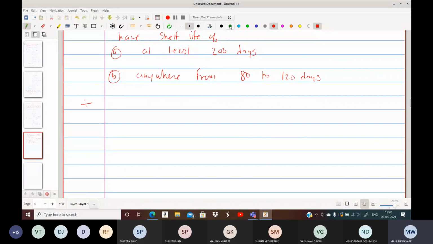I will write f of x equals 20,000 divided by x plus 100 cube when x is greater than 0, and 0 elsewhere. So how to write at least 200 mathematically?